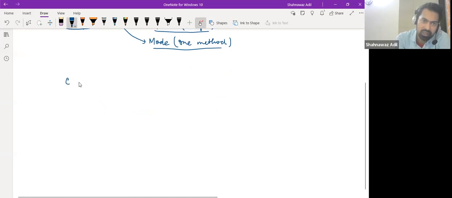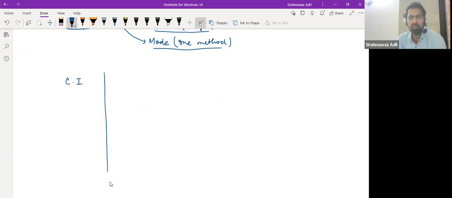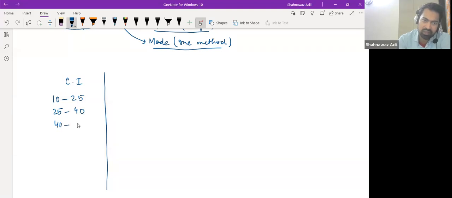Let's say in your class, some people got their marks in the range 10 to 25, some from 25 to 40, then 40 to 55, then 55 to 70, then 70 to 85, then 85 to 100. So this is called the class interval.